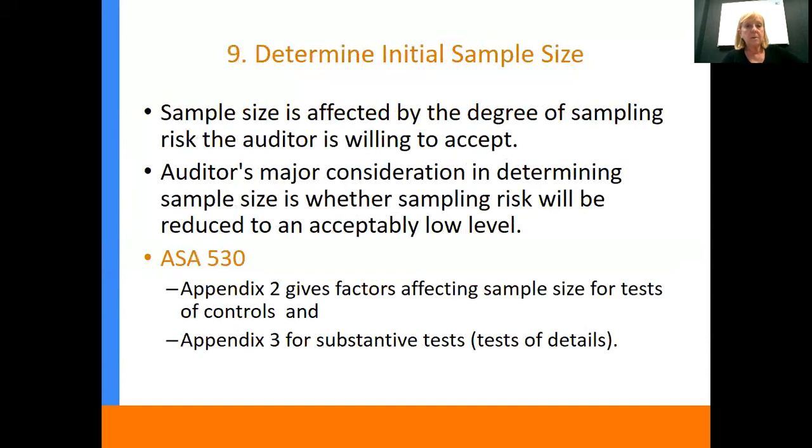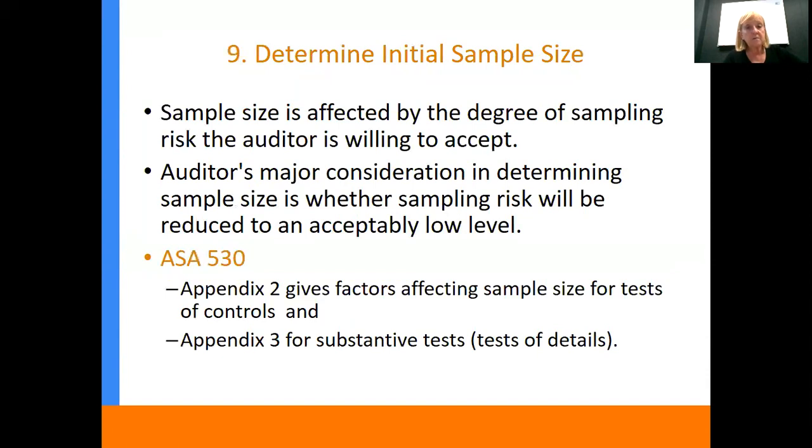The ninth step is determining the initial sample size. And again, there are lots of factors that come into this. Appendices 2 and 3 of ASA 530 go into the sort of things that will affect sample size. It's worth having a look at those. But again, I won't go into those.